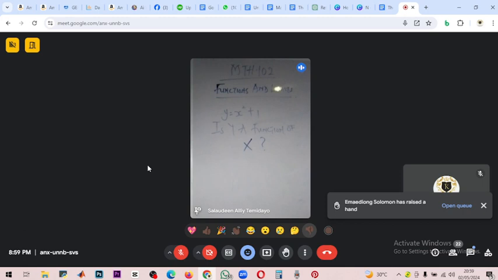Okay, another person. Thank you. Is it a function of x or not? Any other person here? Is a function of x. Why? Yes. Why that?